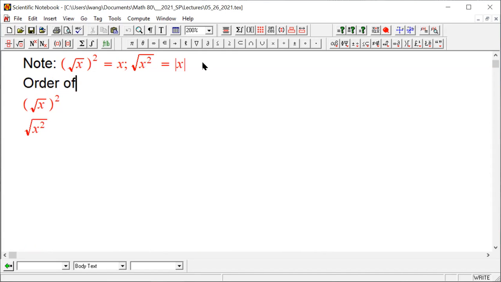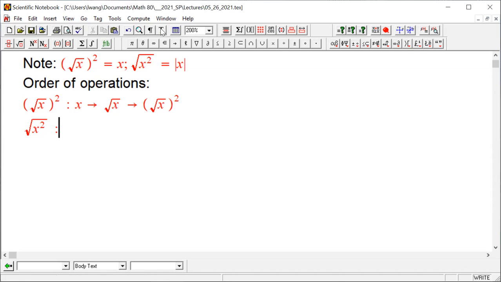Okay, so on this piece, they both take the same input x. But the first operation that will be done is the square root of x. After square root of x is done, we're going to square it. That's the order of operations.